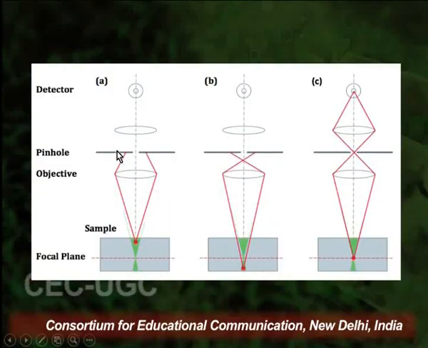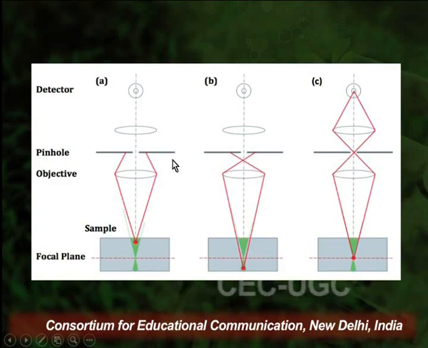So this can be understood with the help of the diagram, where the optimal size of the pinhole will determine the precise image of the object. So if the pinhole is very large, then the sample will be out of focus.